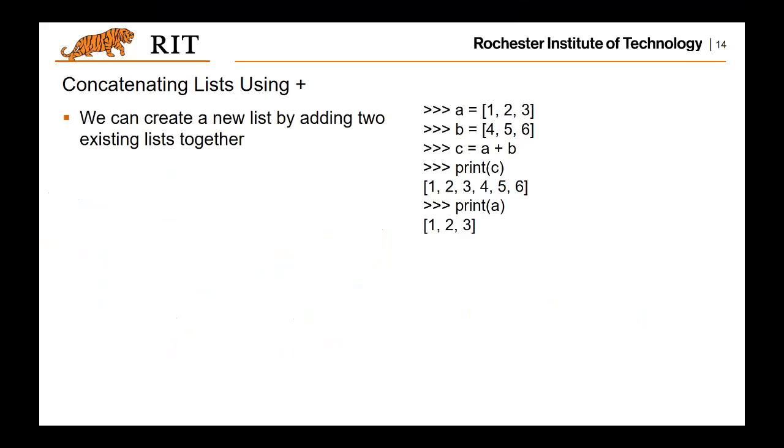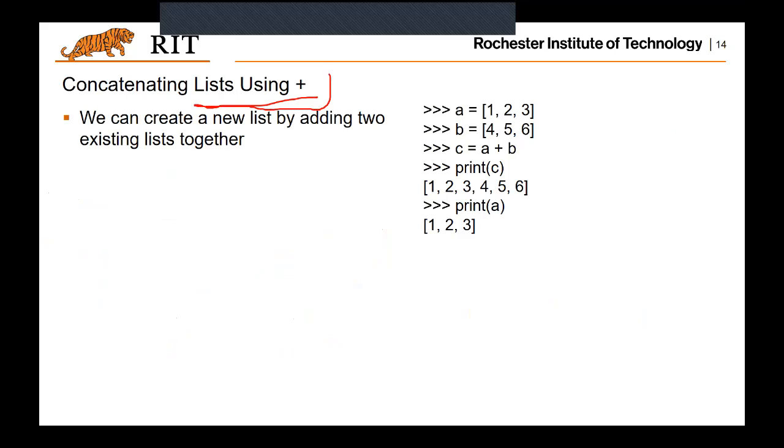So another operator for lists is this plus sign. Again, this plus sign can add 2 existing lists together.